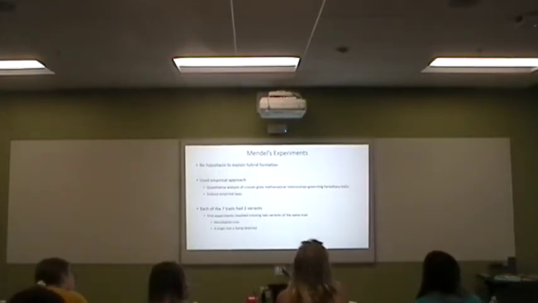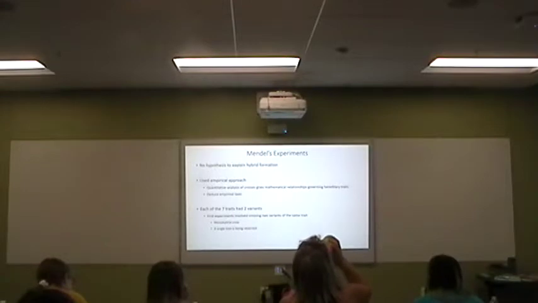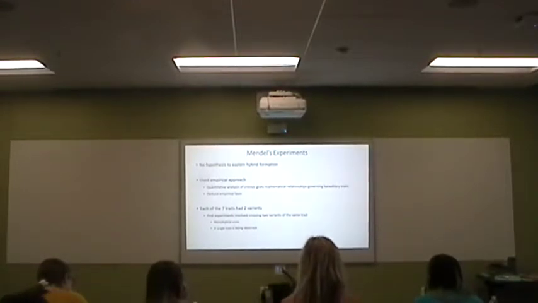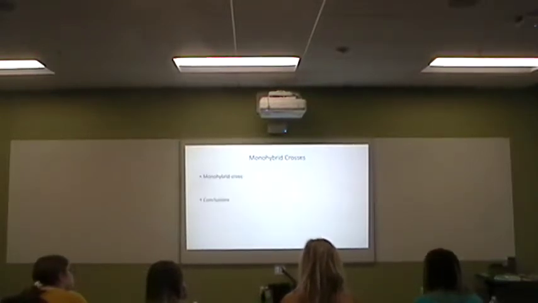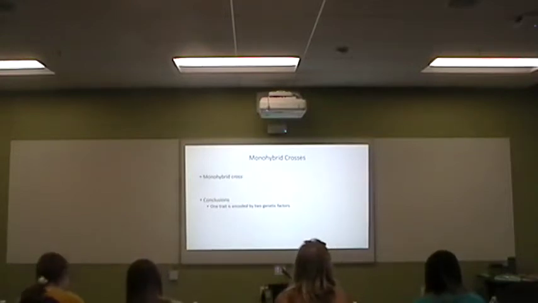It's where we're just looking at one trait that has two states. Okay, so again, tall and short, yellow or green, wrinkled or round. Okay, just one or the other, just one characteristic. And so this is probably going to seem pretty, you probably have done this before.